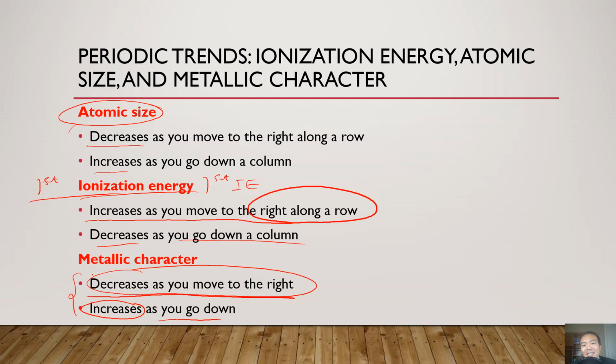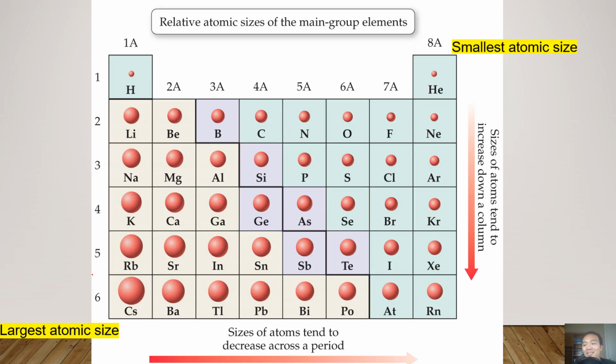For the atomic size, look at this table. Apparently, when you look across the row in the same period, the size decreases from left to right, and from top to bottom it actually increases. So that's what you can see for atomic size.